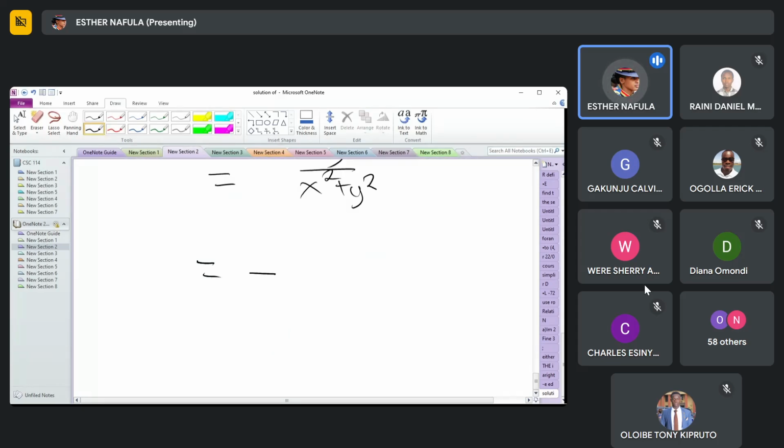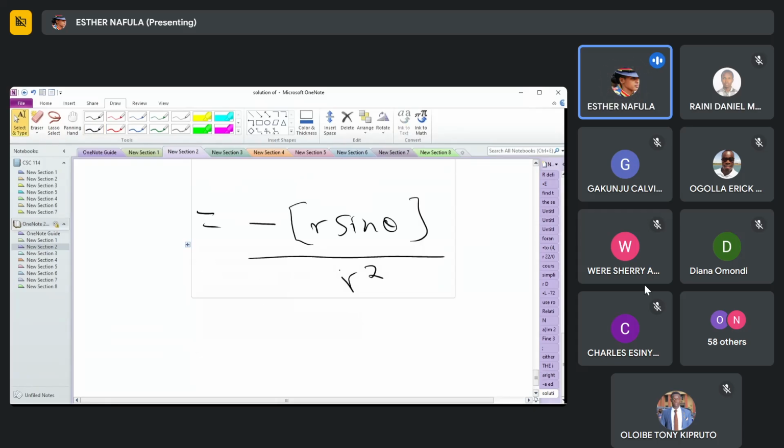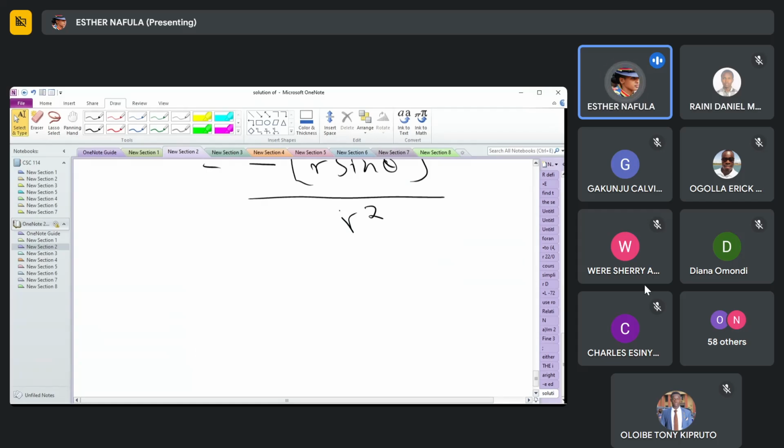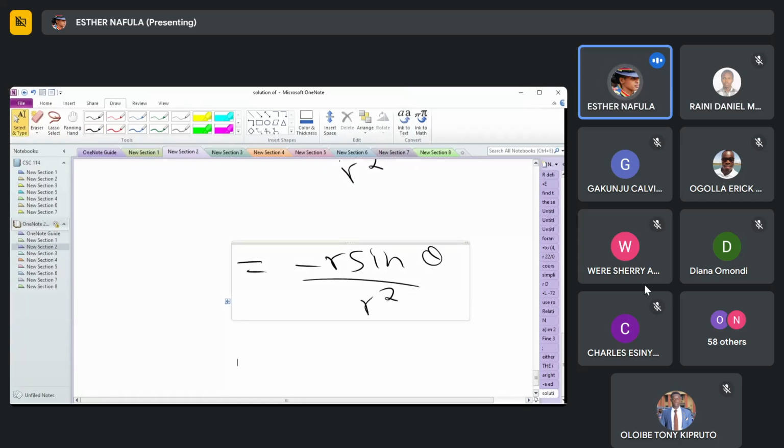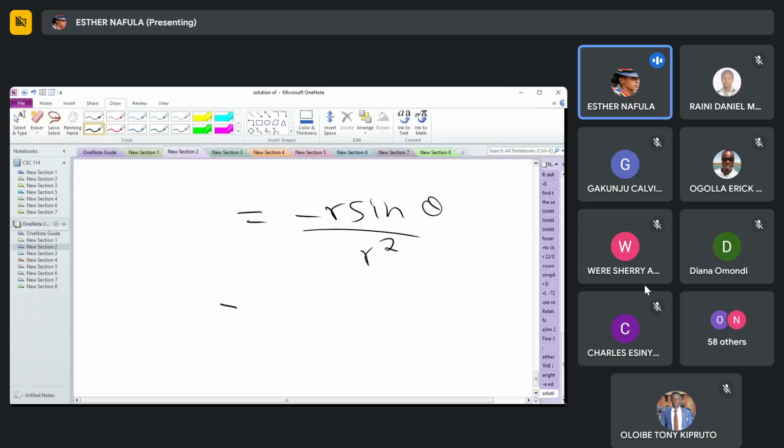This is minus y, which is r sine theta, divided by x squared plus y squared, which is the same thing as r squared. So this is minus r sine theta divided by r squared. One of the r's will cancel out, and you remain with minus sine theta divided by r.